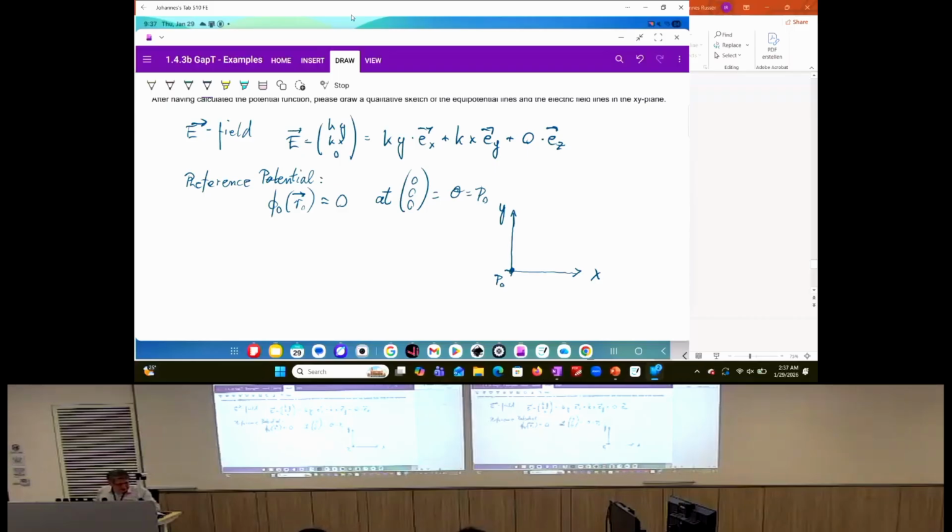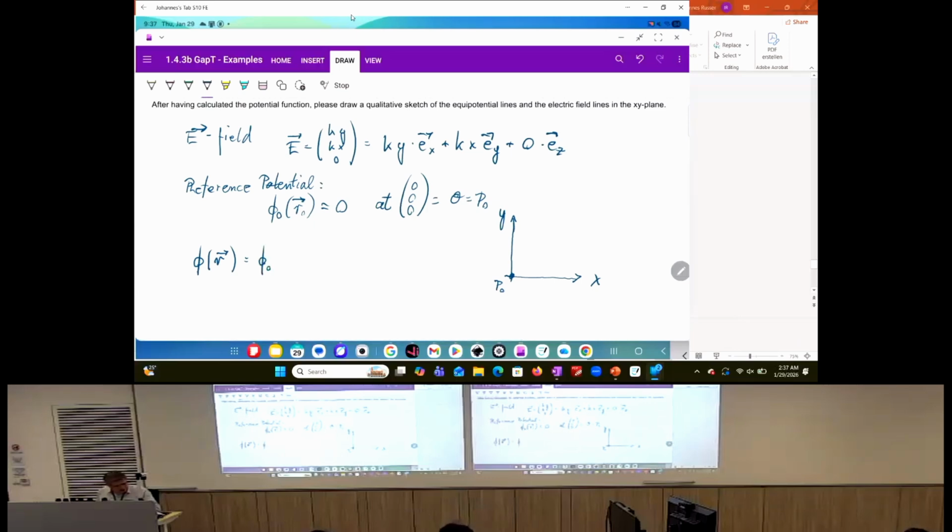How do we obtain the potential? The potential is a function of R, and it is obtained by taking the reference potential, which in general we can set at an arbitrary point and give an arbitrary value.